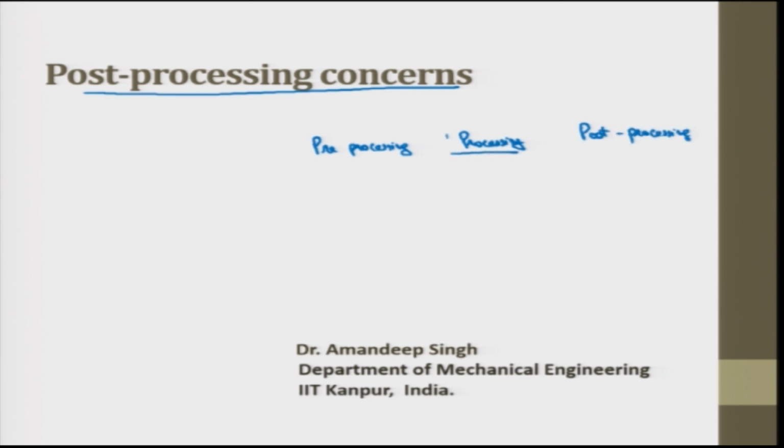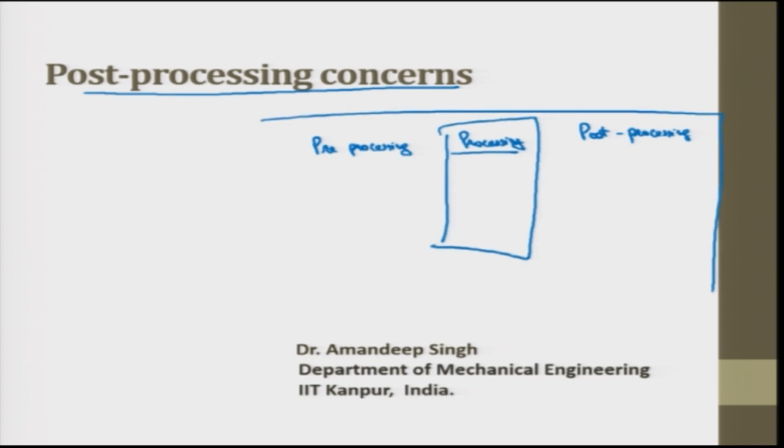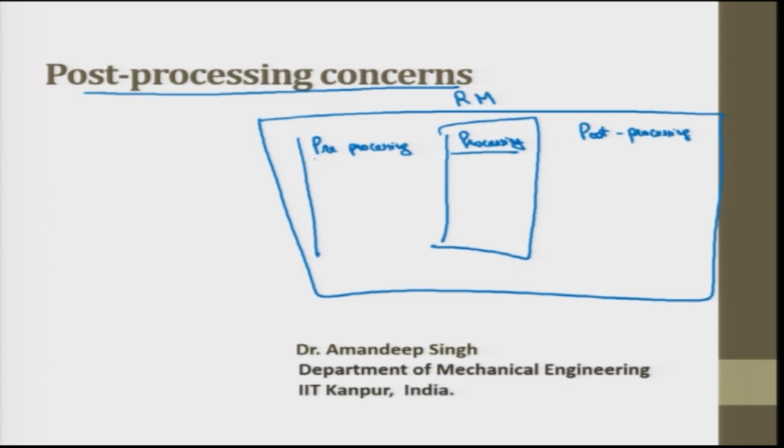Processing are all the techniques that you have seen in the previous lecture. This is rapid manufacturing. Pre-processing is something where we set up the equipment. We make a setup. Then we have a 3D CAD model.